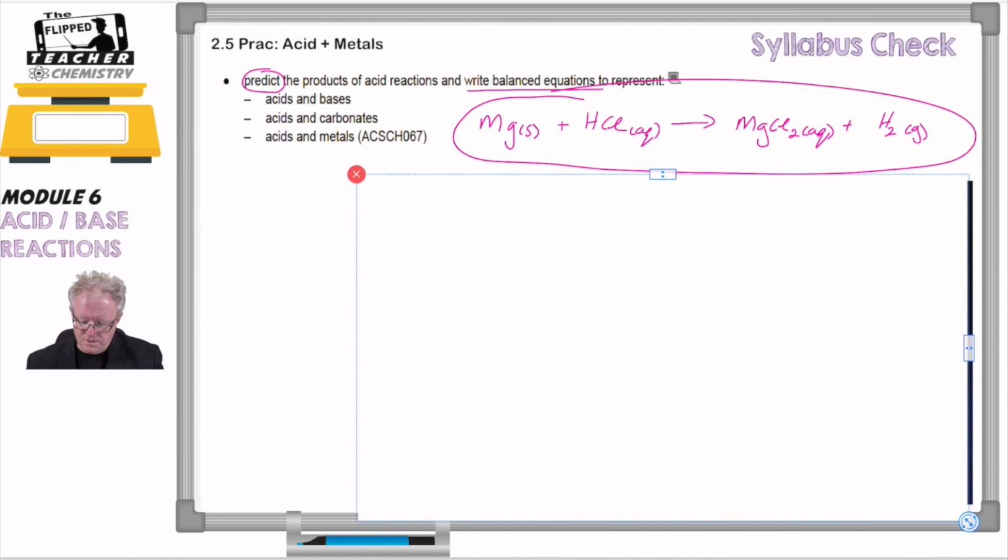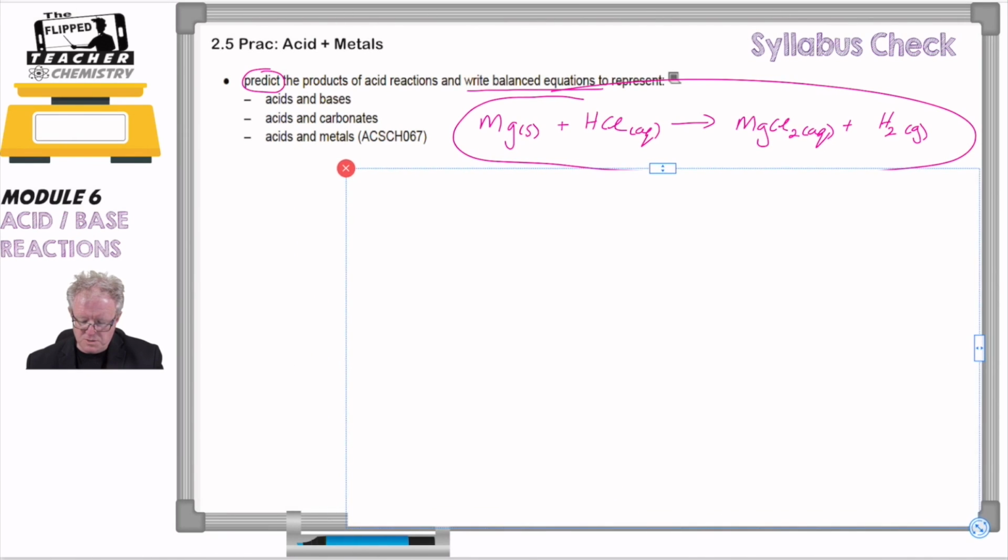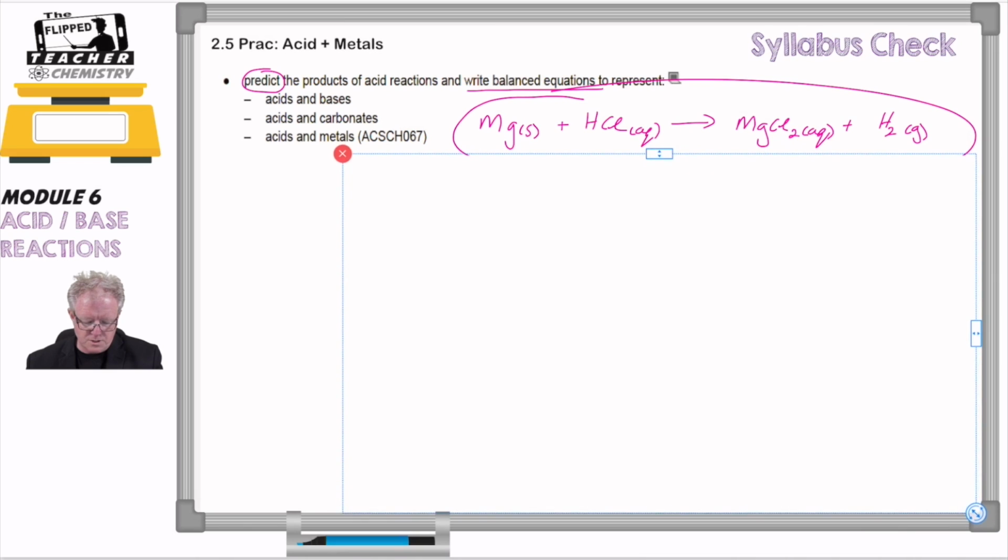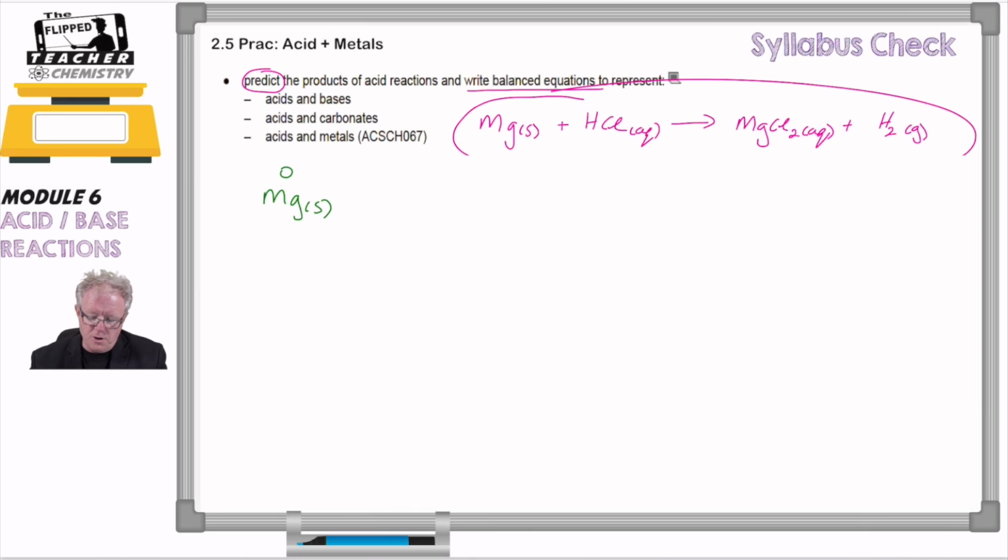Remember we said it was an oxidation reduction reaction, and so we had magnesium solid. Remember that's got an oxidation number of 0, and then over here magnesium's got an oxidation number of 2+, so we have Mg2+, and so to go from 0 to 2+, it had to lose 2 electrons.